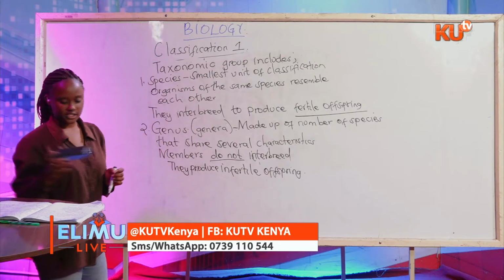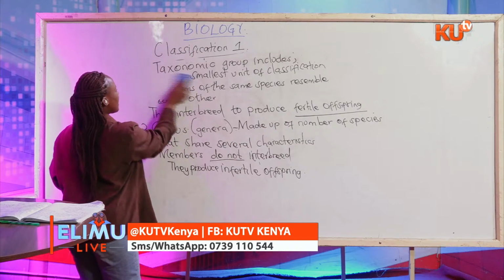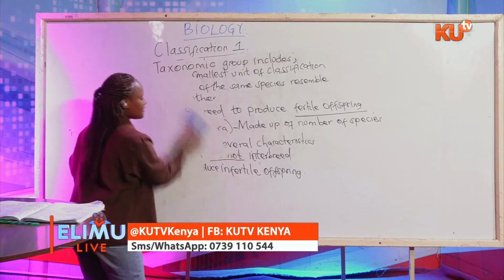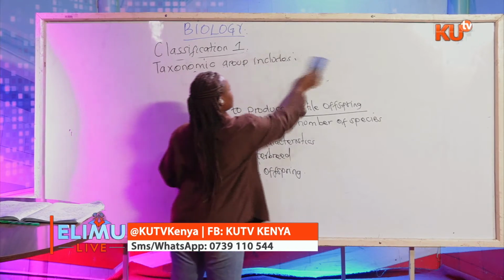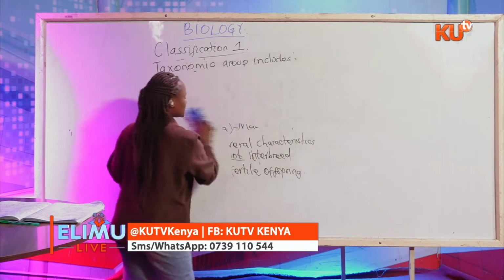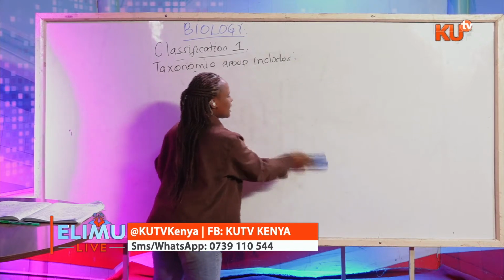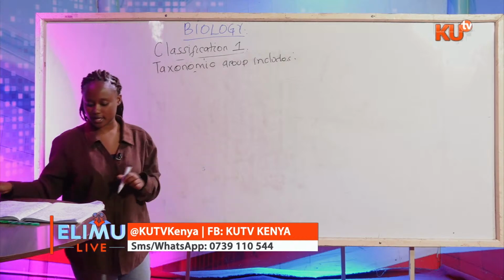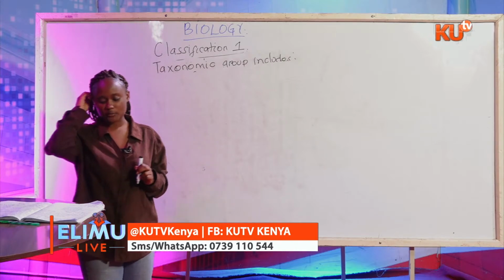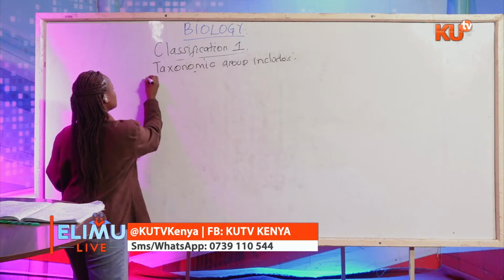Our third unit, which is family. Our first one was the smallest unit, which is species. Then we had genus, and now we have the third one, which is family.